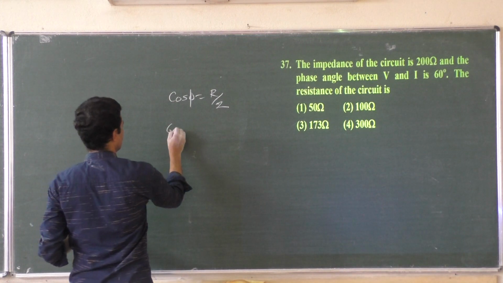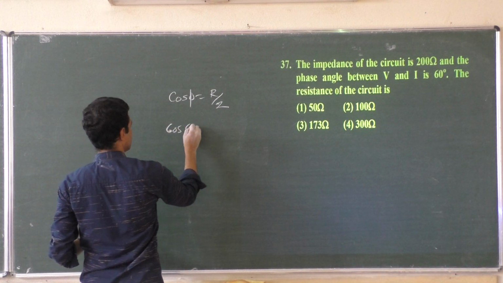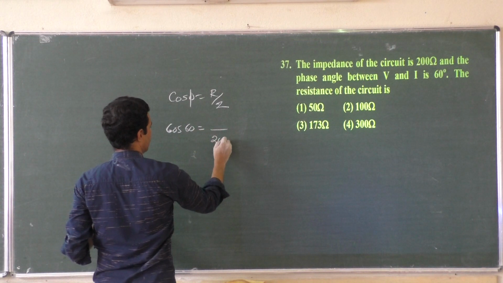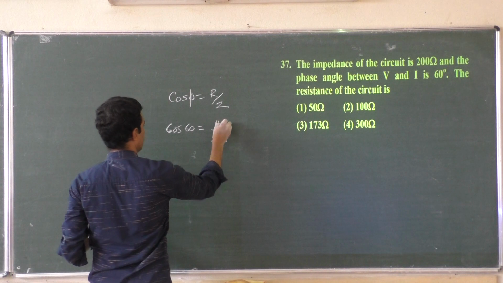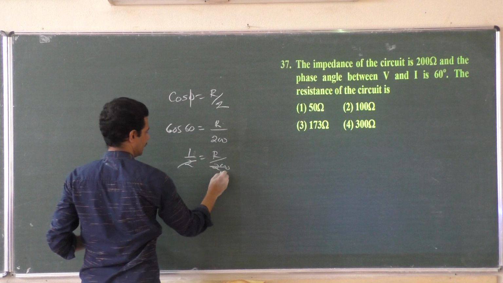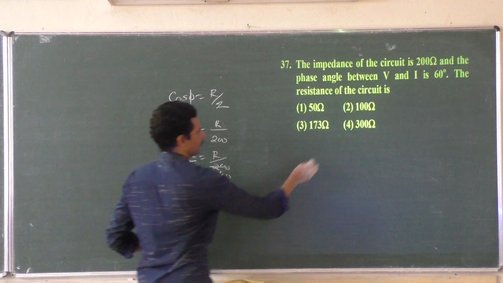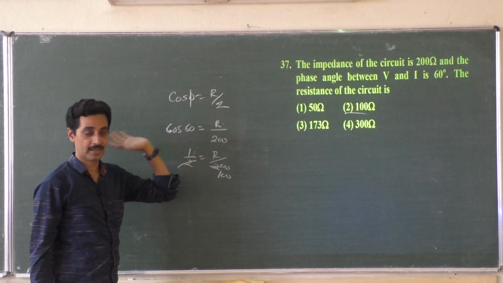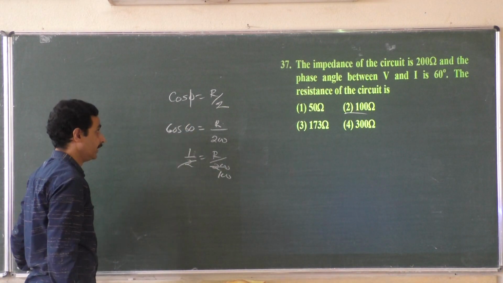Cos 60 is equal to R by 200. Half is equal to R by 200, and this is 100 times, so R is 100 ohm. Simple problem, provided you know this formula, otherwise it is complicated.